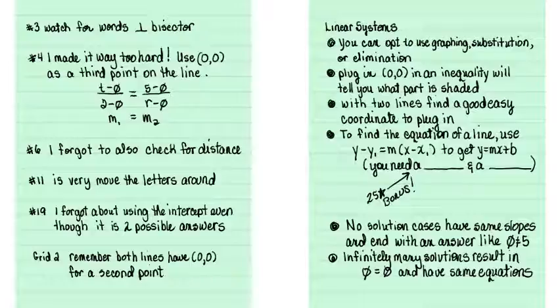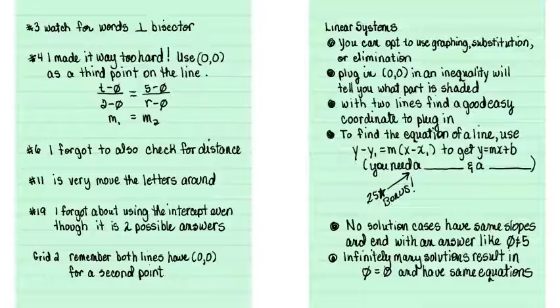A couple little notes on some of the problems. For number 3, that's where I had to watch out for the word perpendicular bisector. Bisector means you're cutting it right down the middle, so you have to think a bit about midpoint in this case.